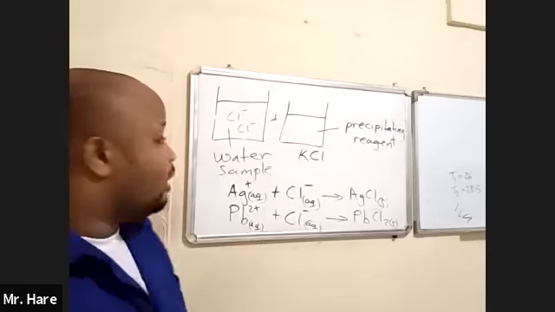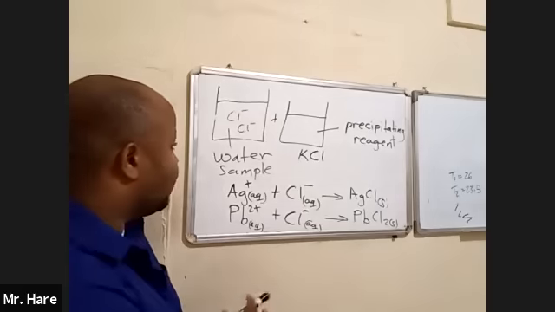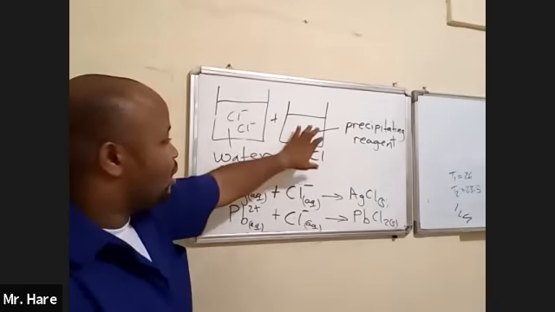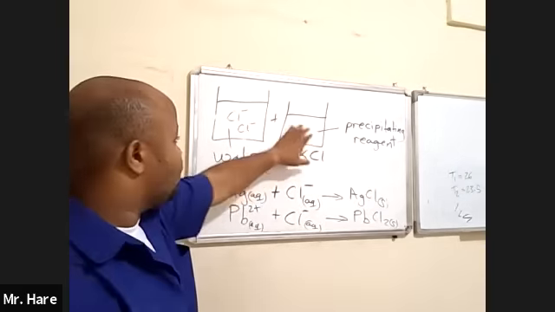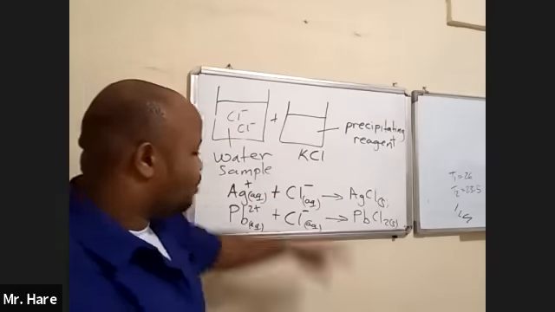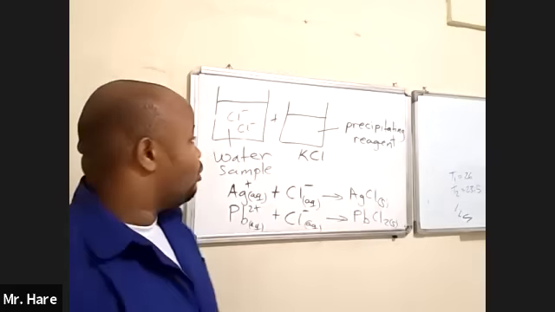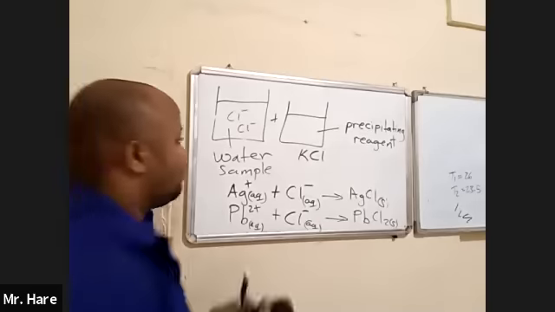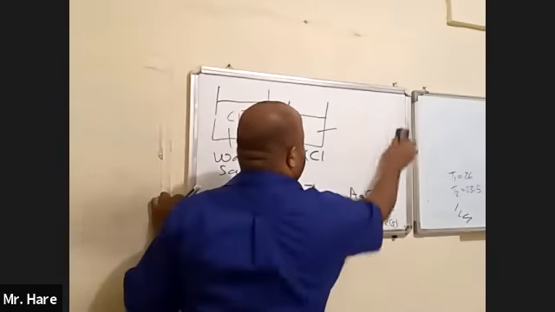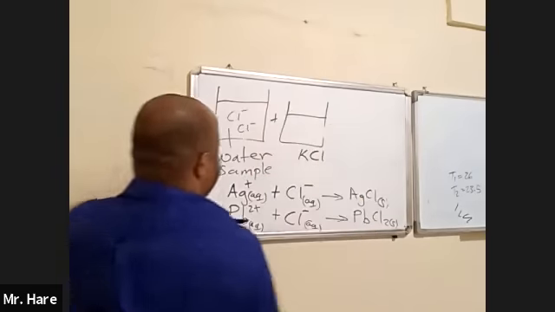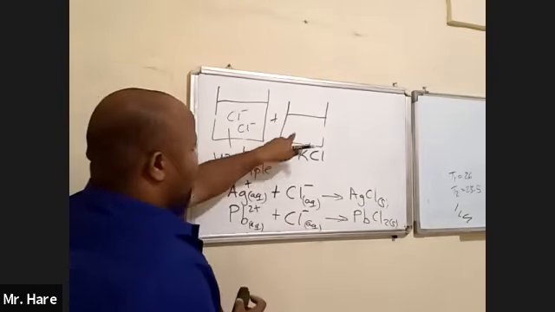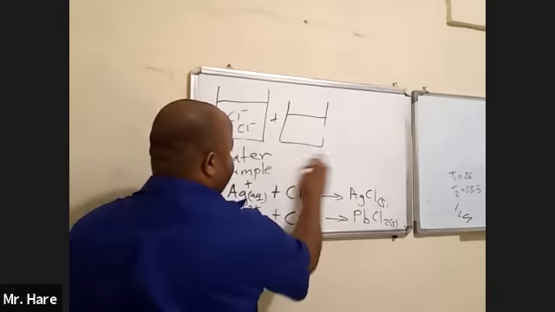So the first thing in this form of gravimetric analysis, we're going to add a precipitating reagent to our solution. When you add the precipitating reagent, you are going to get a precipitate being formed. So this is what will happen. You have your sample, you have your precipitating reagent.